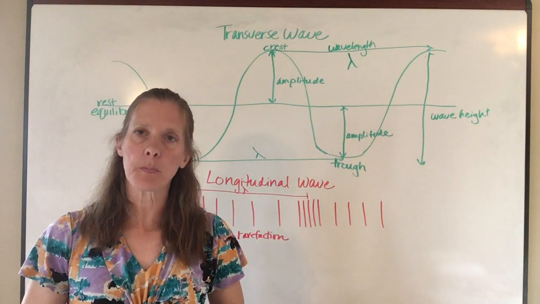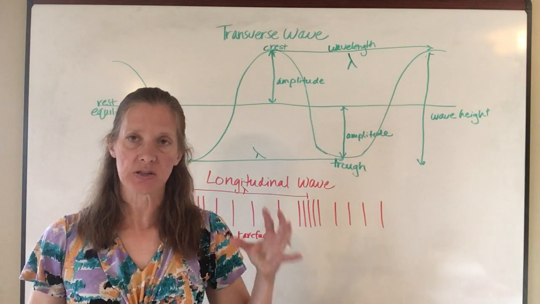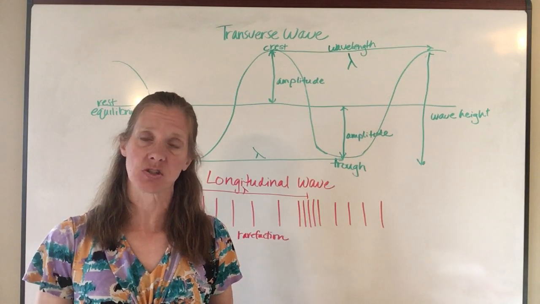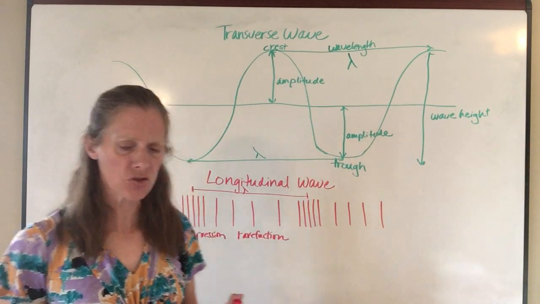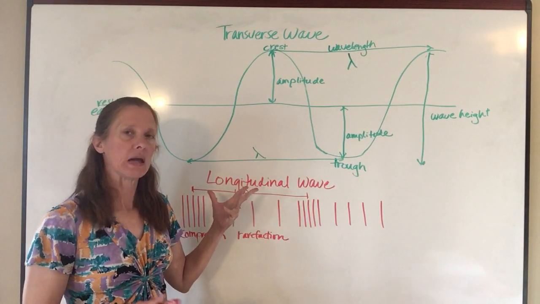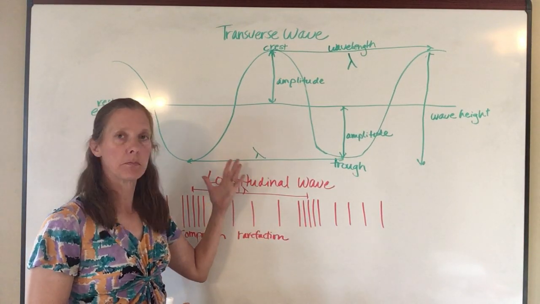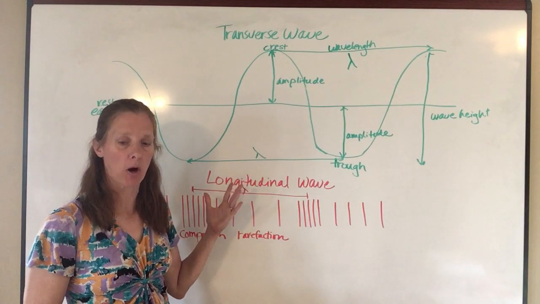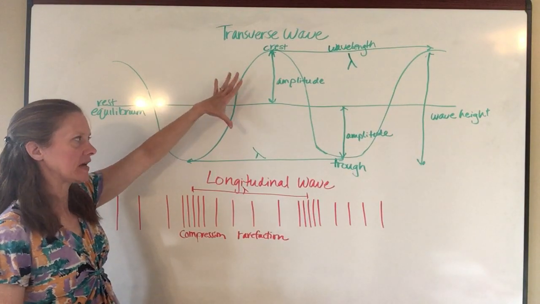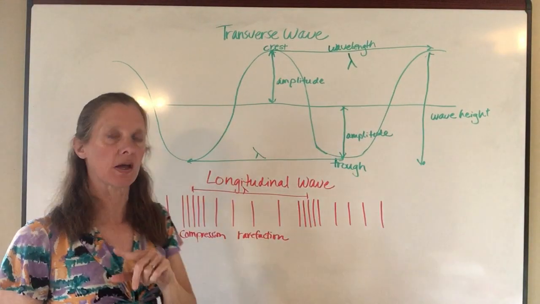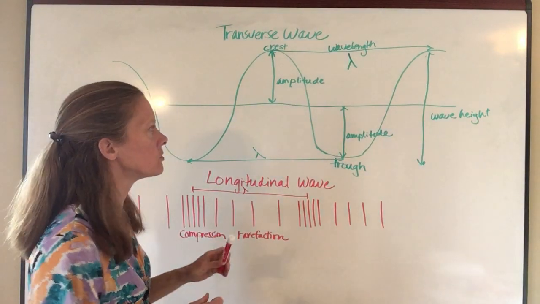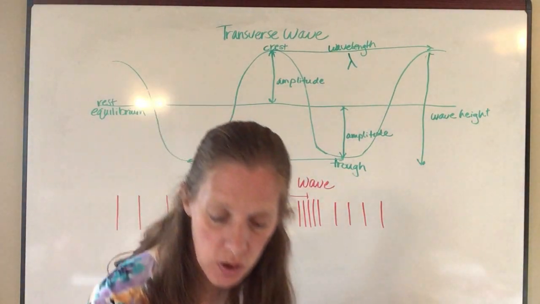Now, one big thing about these two types of waves is which way the particles move when the wave passes through the material. So both of these types of waves we're going to be thinking of in this particular discussion as mechanical waves, because we're going to talk about which way the particles move. And again, it's really hard to show you this with a still drawing, so make sure you check out the computer animation also that I sent you on another link, because it does a really good job of showing you how the particles move.